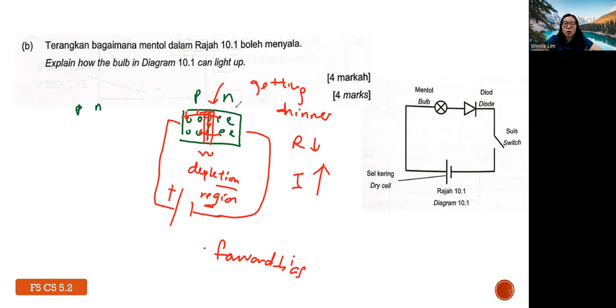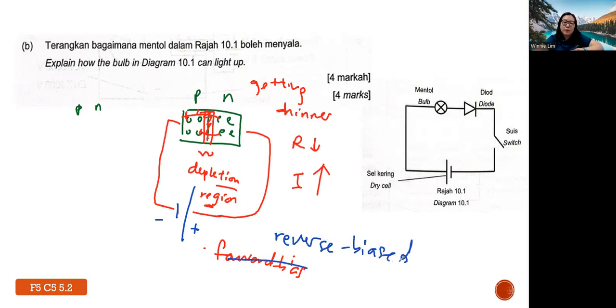But you can also connect the diode in reverse bias, where you interchange the terminals of the battery. I use another color to see the difference. So when you do that, P-type to negative and N-type to positive terminal, it becomes reverse bias.